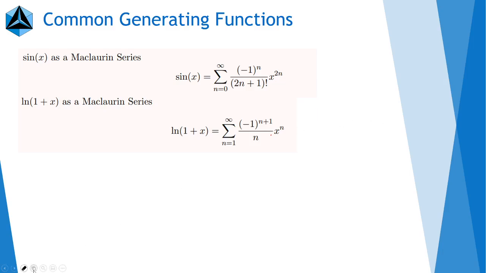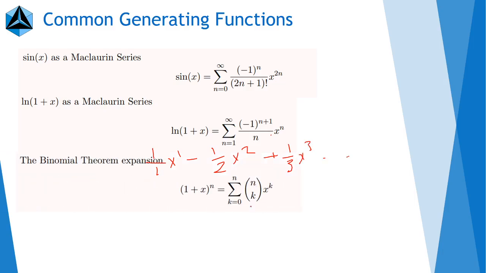This also comes from the pattern in the derivatives, and I can list out the first few terms of this one as well. It'd be 1 times x to the 1, minus 1 over 2 x squared, plus 1 over 3 x cubed, and so on. It alternates. And there is the binomial theorem expansion.